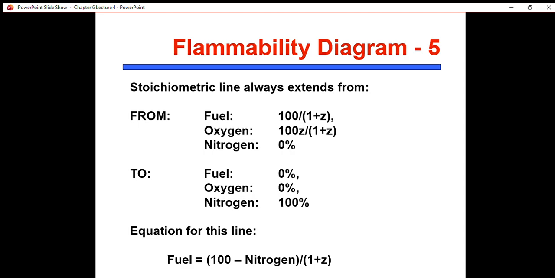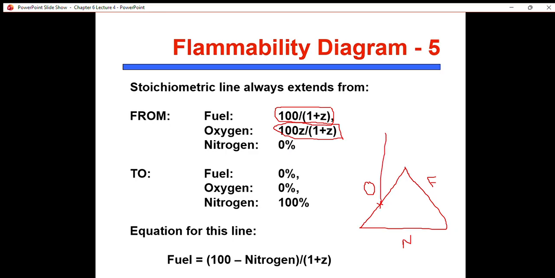As we mentioned earlier, the stoichiometric line extends between two points. The first point is where you have 0% nitrogen, a specific amount of oxygen, which is 100 Z divided by 1 plus Z, and a specific concentration of fuel, if you know Z. This is the triangle: this is nitrogen, this is oxygen, this is fuel, and I'm talking about the point here.